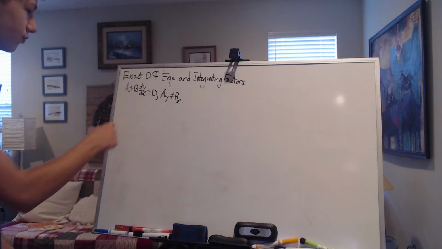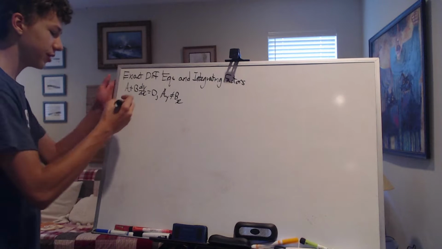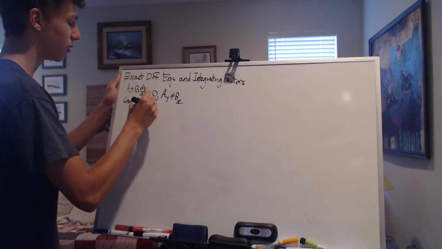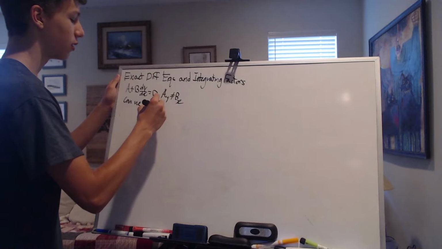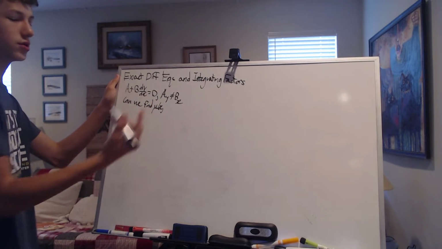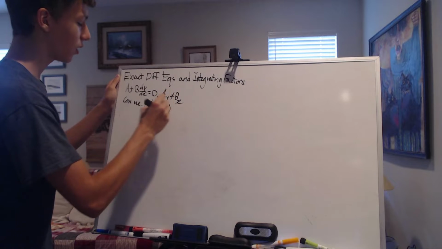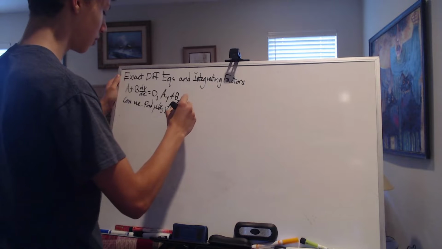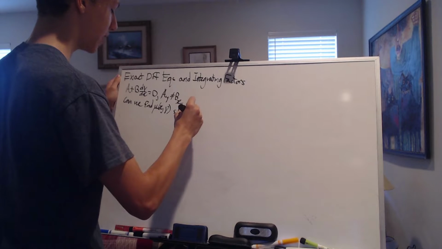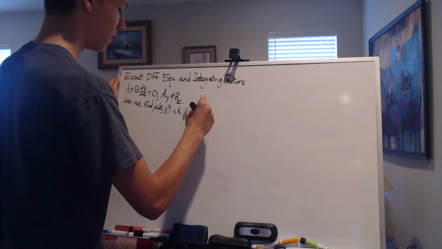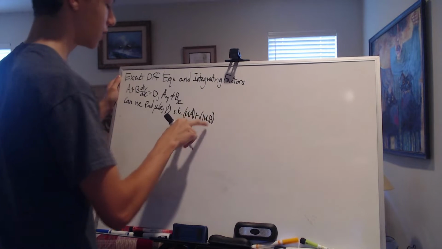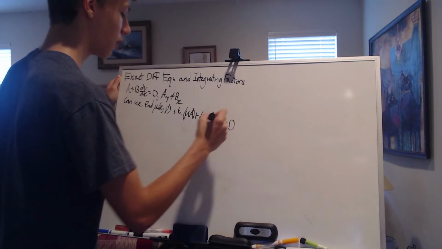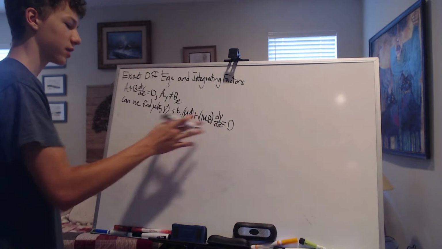Okay. And so the question here is, can we find some function, often denoted with mu, a two variable function mu, such that mu times a plus mu times b, so those two functions instead, form an exact differential equation?